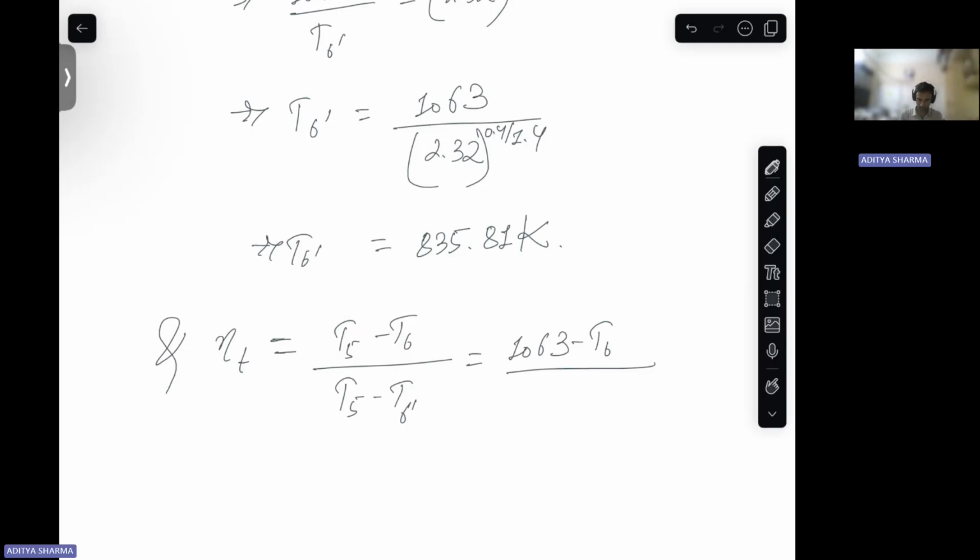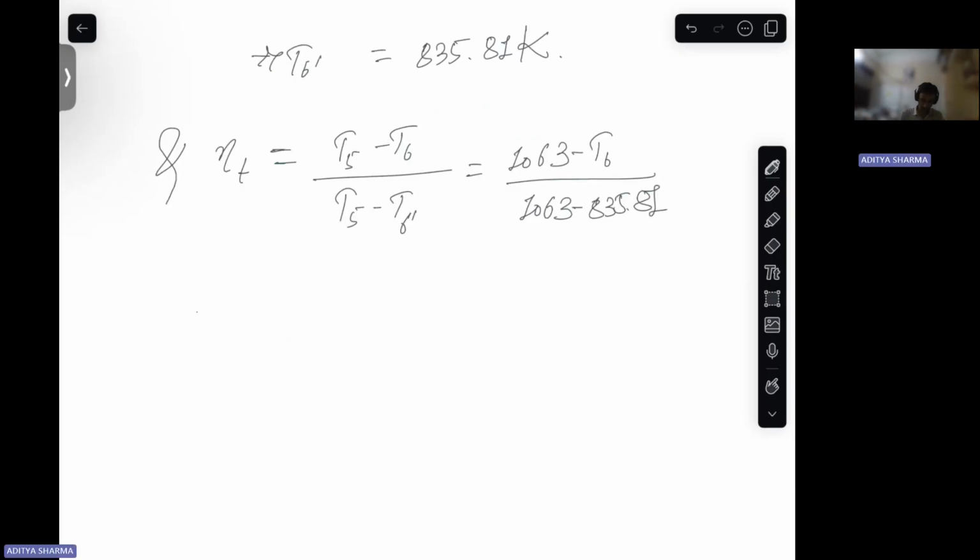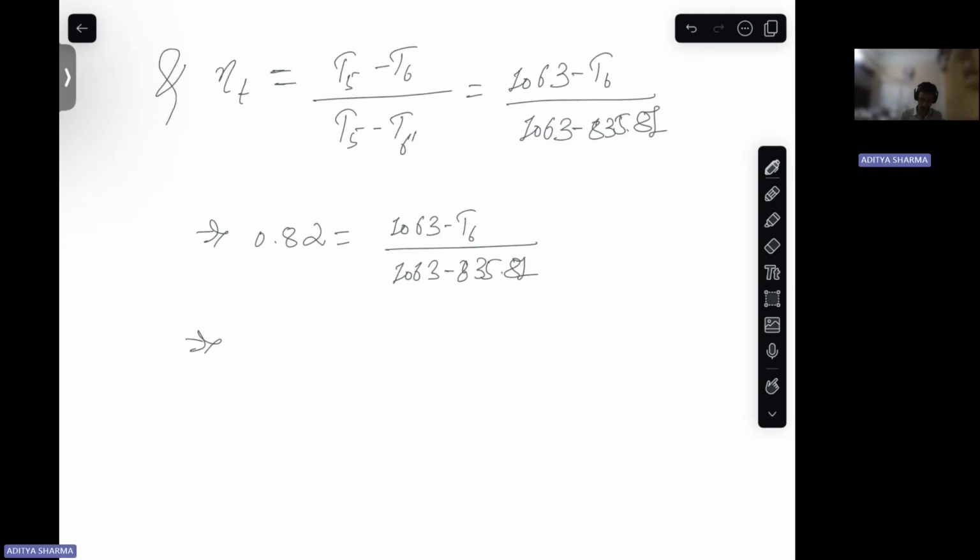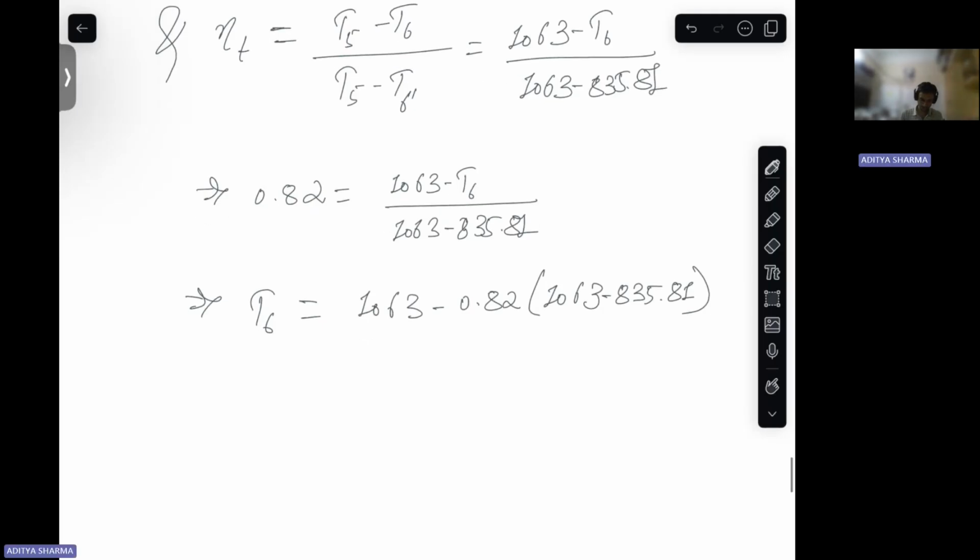So expanding it and then placing the values, efficiency is 0.82, then find out from here. It will come out to be 876.70 Kelvin.